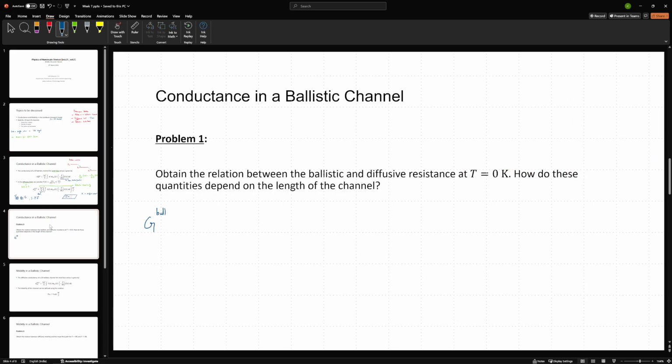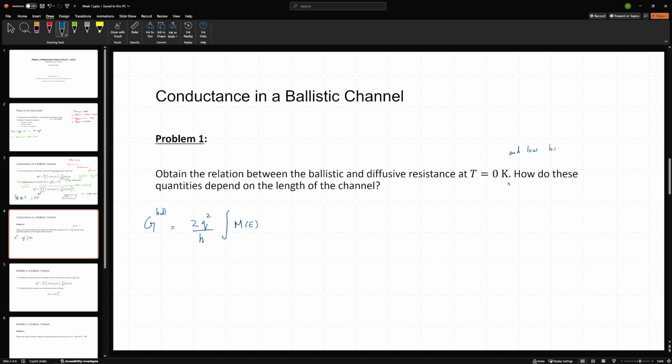Okay, so coming back, G ballistic, now we know, can be written as 2q squared upon h integral M of E. Diffusive resistance at T equal to 0 and low bias.